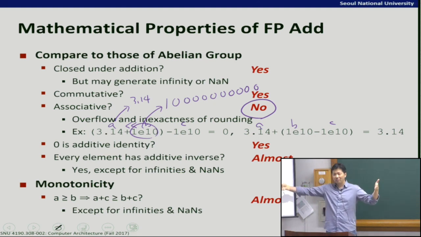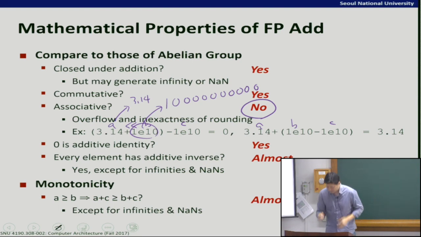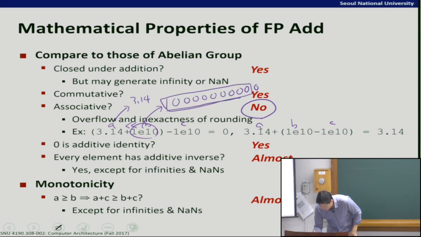Because now this number becomes too big. Let's say we can only hold 9 digits in a decimal number. Then we only get this part, but we're going to lose whatever follows.